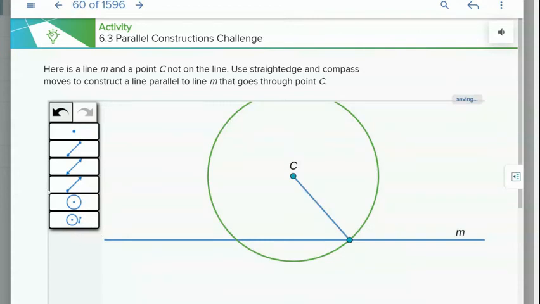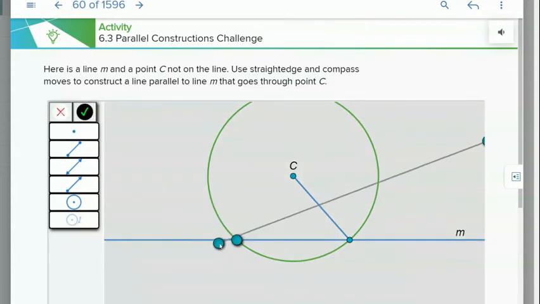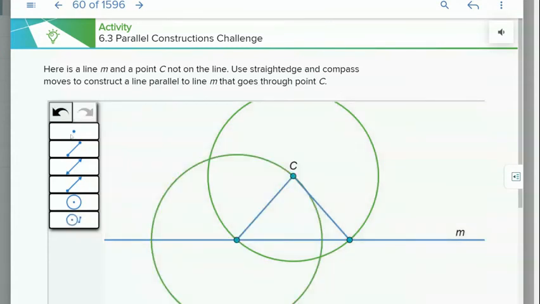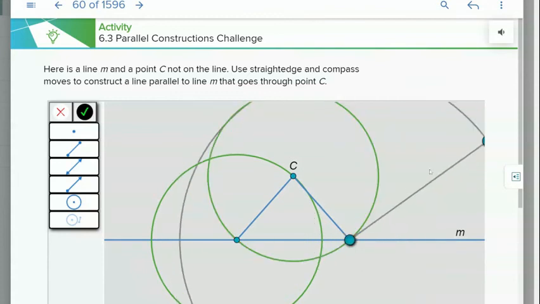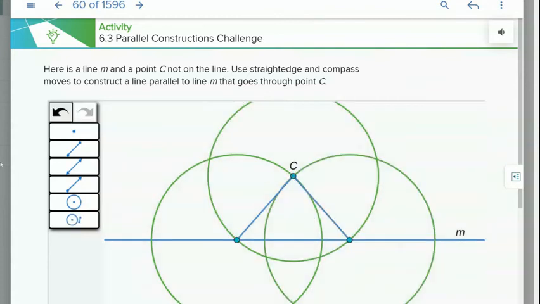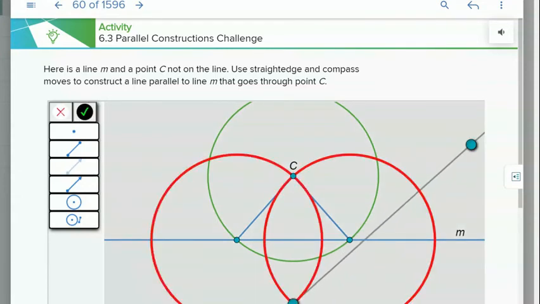So same thing, let's create a circle where we get two points of intersection on line M. Our first circle, of course, is centered on C. We need a perpendicular line, so I'm going to repeat the same steps I used last time to get that perpendicular line that we did in the last activity.